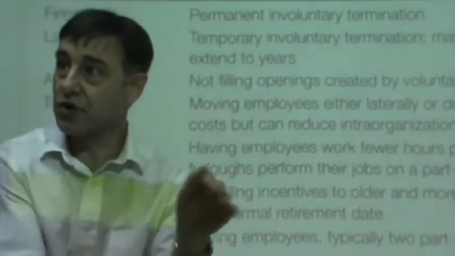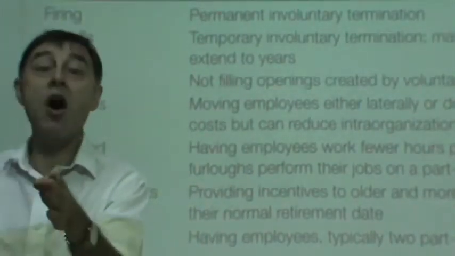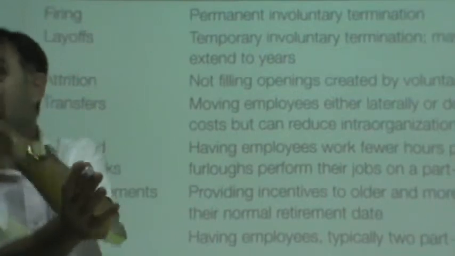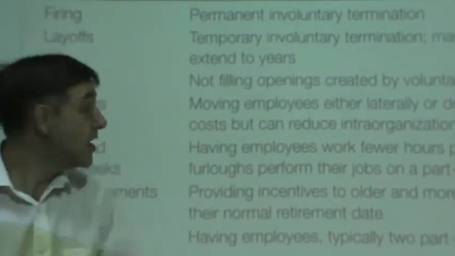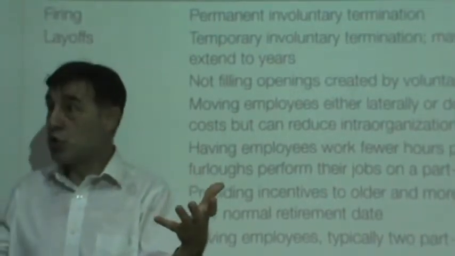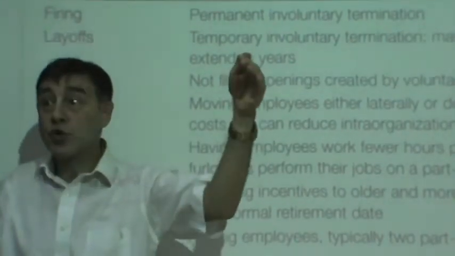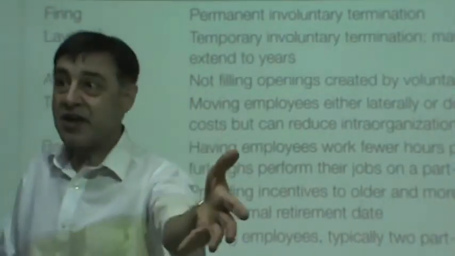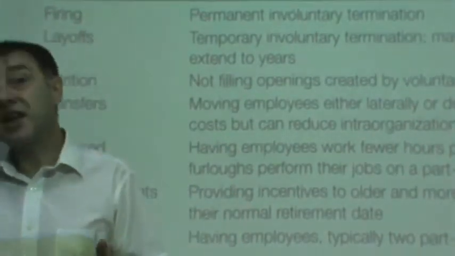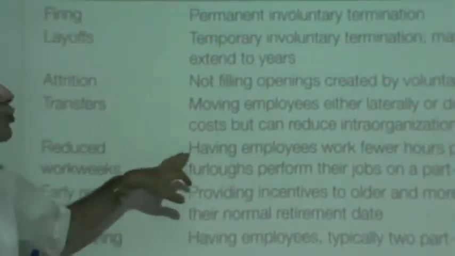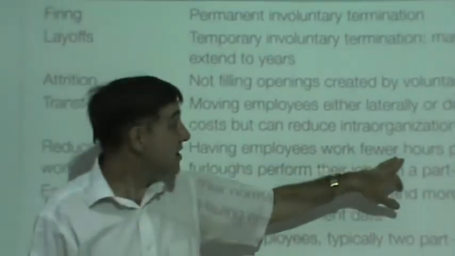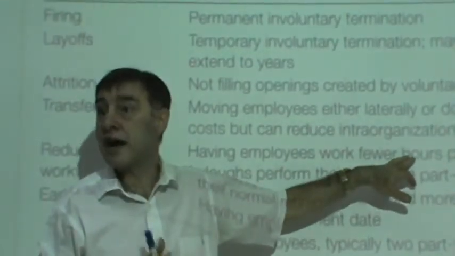So, you work in the afternoon, you work in the evening. Tomorrow, you work in the evening, and you work in the afternoon, okay? So, you have 12 employees, okay? But instead of all 12 coming for 12 hours, 6 come in the afternoon, and 6 come in the evening. That will be reduced, and in this case, reduced work hours.